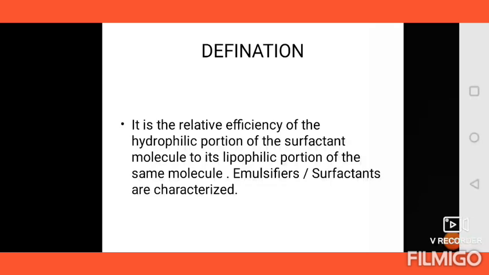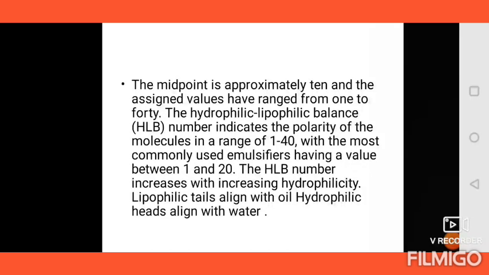An emulsifier that is lipophilic in character is assigned a low HLB number, and an emulsifier that is hydrophilic in character is assigned a higher number. The midpoint is approximately 10 and the assigned values range from 1 to 40.